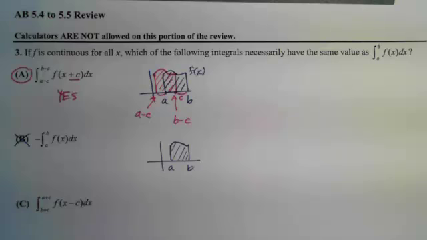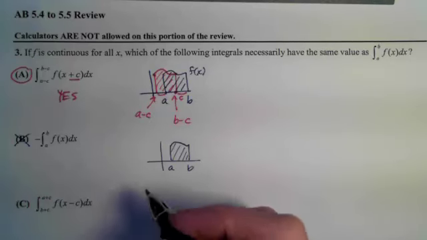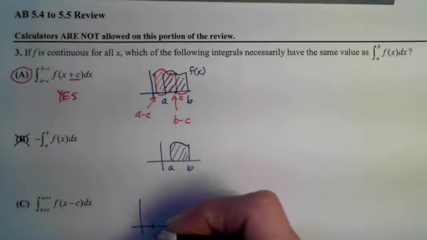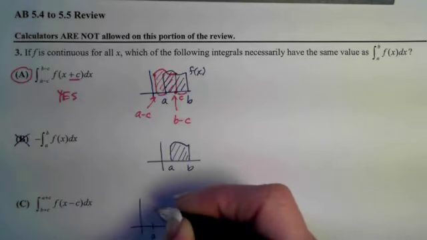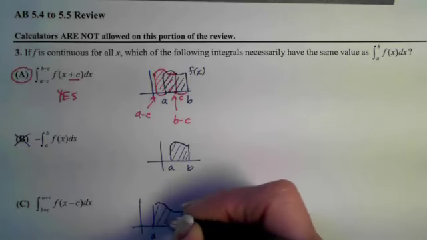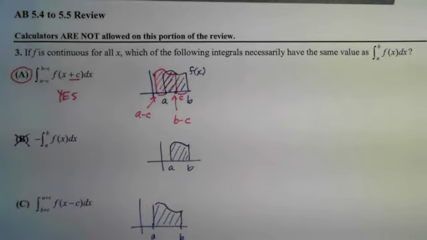The next one says I've got an original function, A to B, and I'm accumulating. Then this minus c tells me I'm going to move the entire function to the right c units.